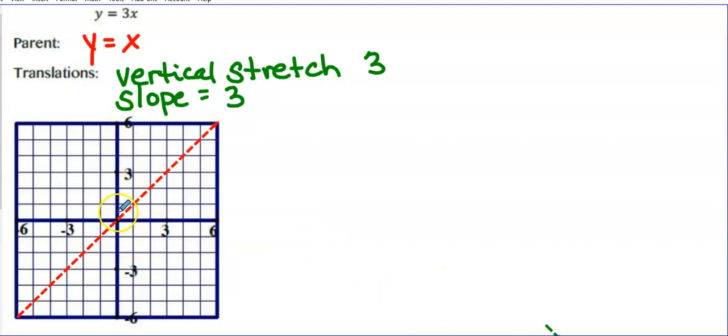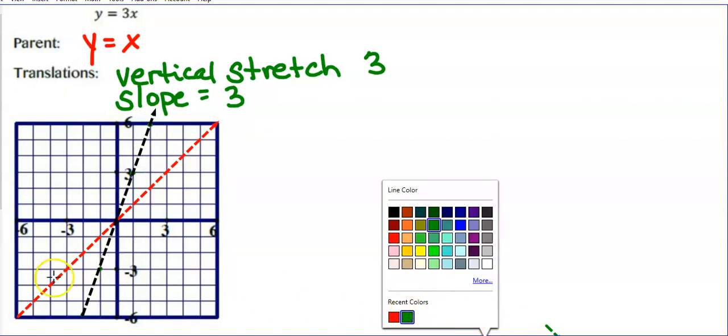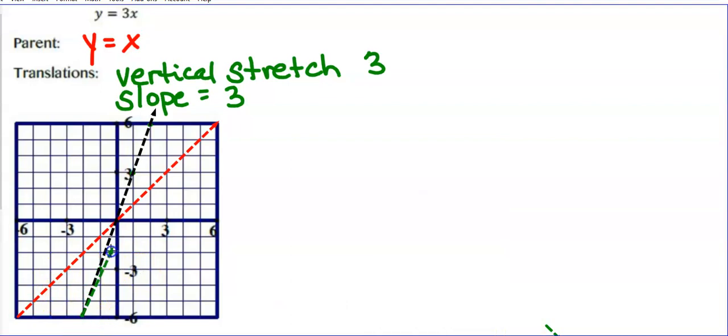If I'm going from here, I'm going to go up 3, over 1, up 3, over 1. That's what the slope ends up looking like. And I can go down 3, left 1, down 3, left 1. So it just makes that slope steeper. Okay, so there's your transformation.